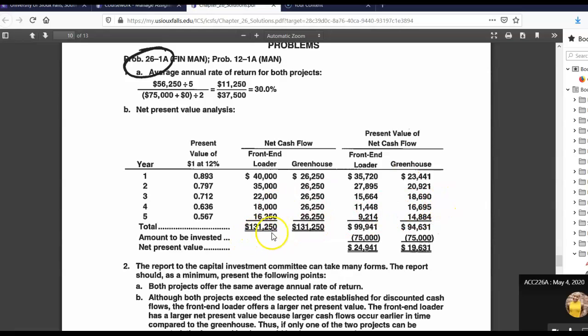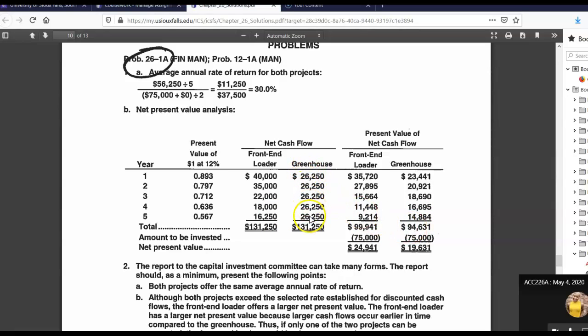So then you see the cash flows, they're both the same. However, when we compare our net present values, because they were different, we have 99,009 versus 94,006. And it's because of the time value of money.